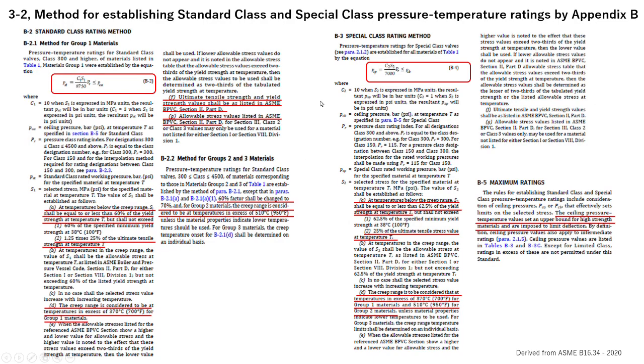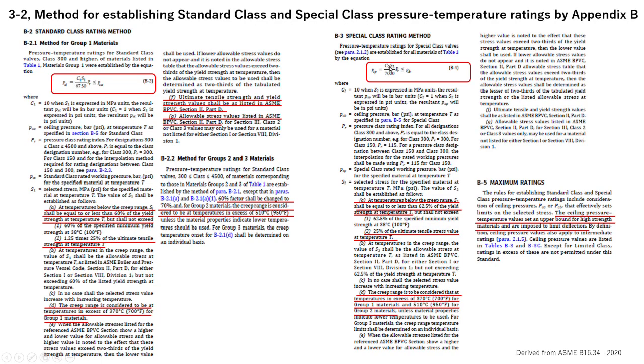In case of the special class rating method, in this equation, PSP is the special class rated working pressure. C2 is also a coefficient.